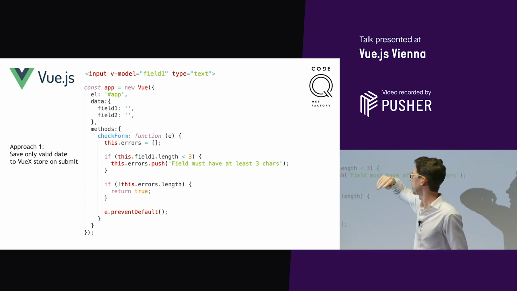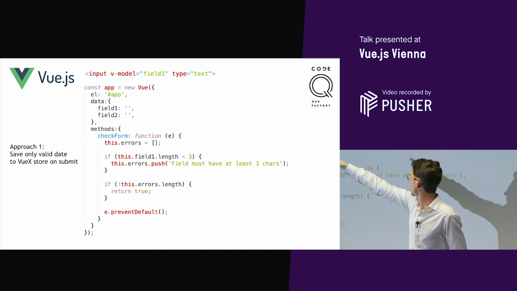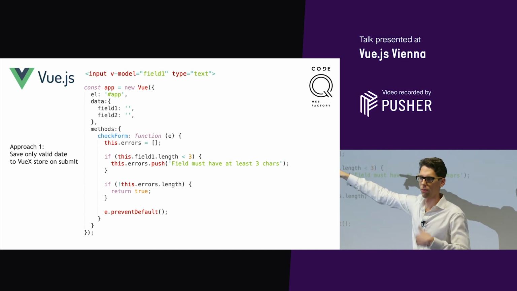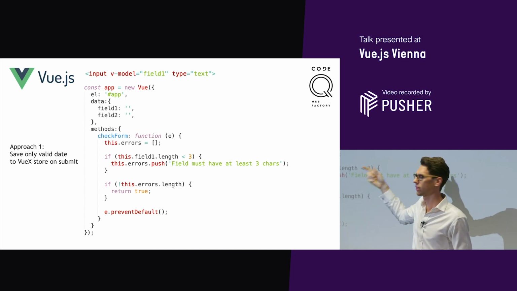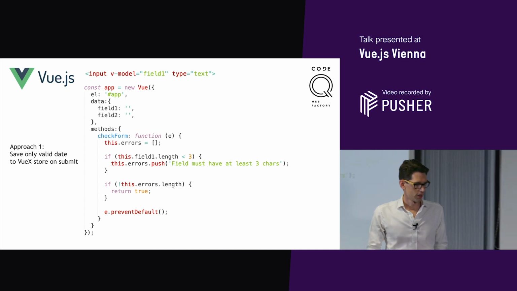The user can type in the input, and then if he clicks save, you call your check method, which checks if the value is, for example, more than 3 characters. If not, you get an error, and it aborts if there are errors.